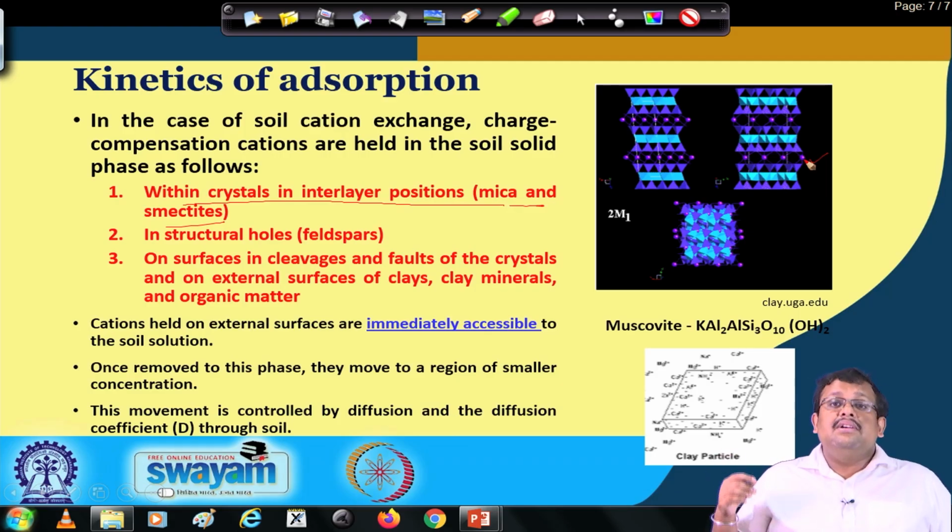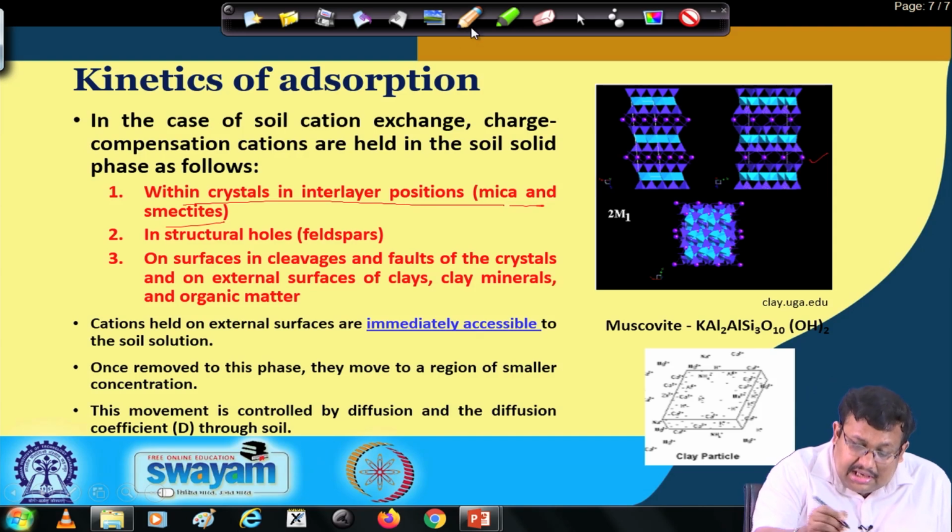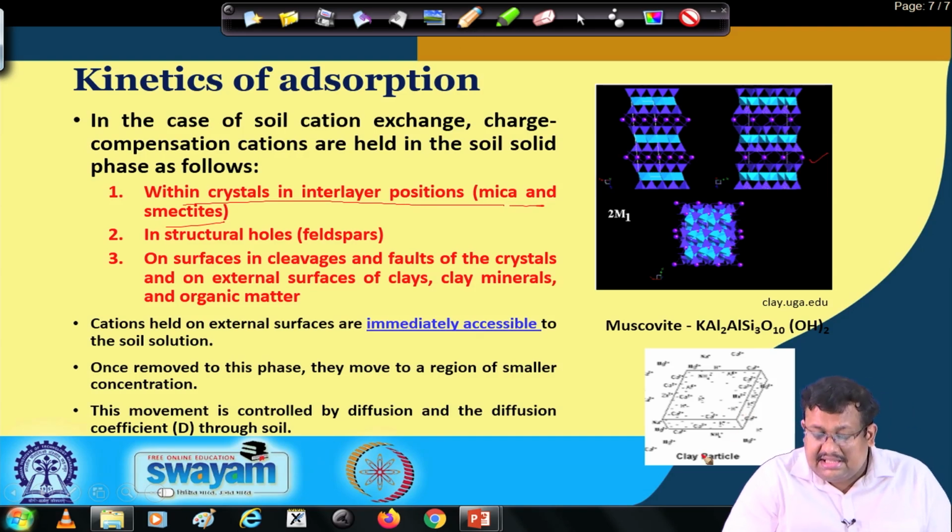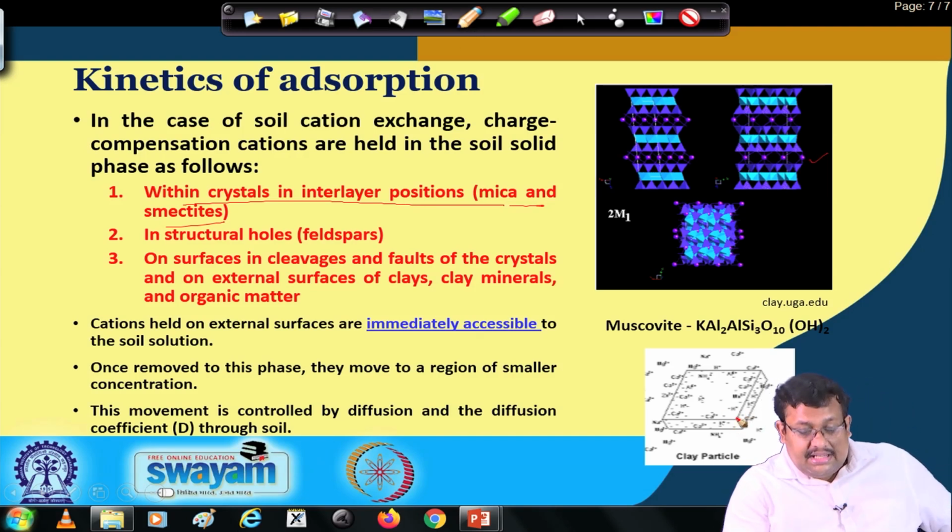And the third one is basically on the surface and in the cleavages and faults of the crystal, on external surfaces of the clays and clay minerals and organic matter. Now, as you can see from this picture, this is a clay particle, and obviously these cations are present on the external surfaces of the clay particle.